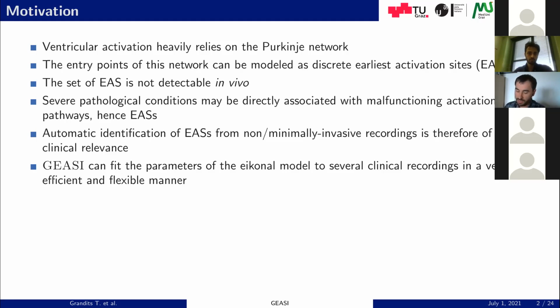You can think of the entry points that connect the Purkinje network to the myocardium as discrete earliest activation sites, so directly boundary conditions. An important observation is that this set of earliest activation sites is not detectable in vivo, or it's very difficult to do so. In severe pathological conditions, this actually corresponds to a faulty set of earliest activation sites.